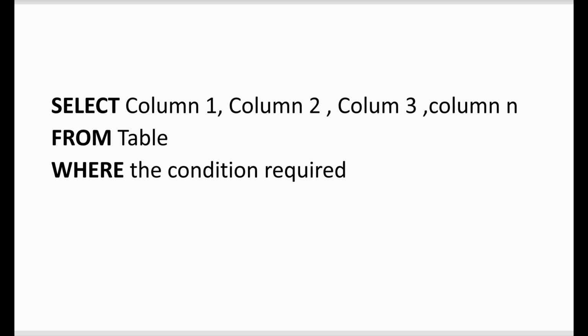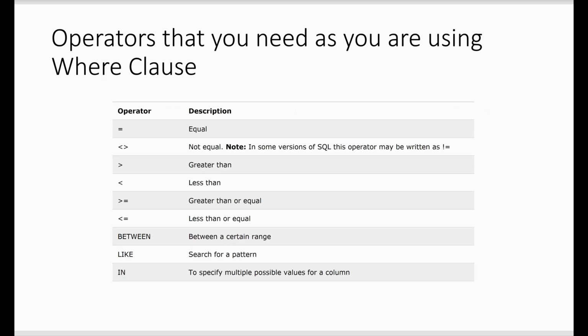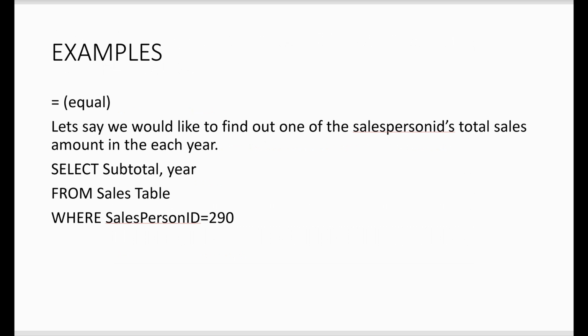Let me show you the operators that you need as you are using the where clause: equal and not equal, greater than, less than, greater than or equal, less than or equal, between, like, in. I'm going to talk about these operators later. Let's move on to examples.